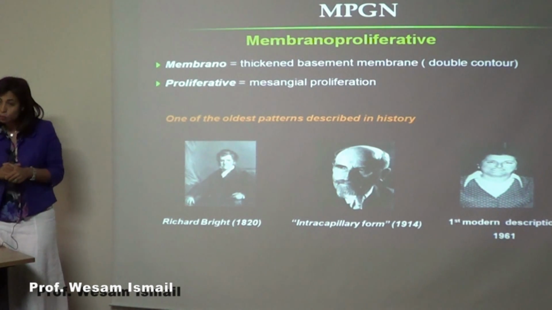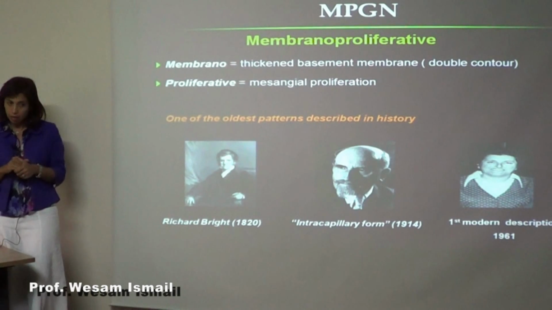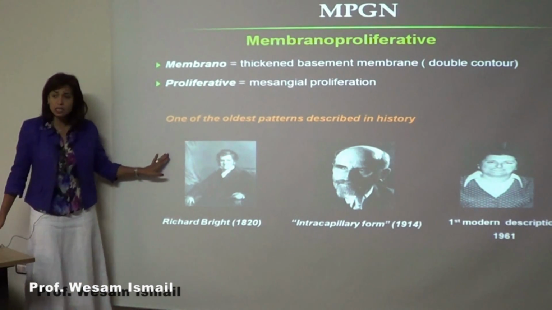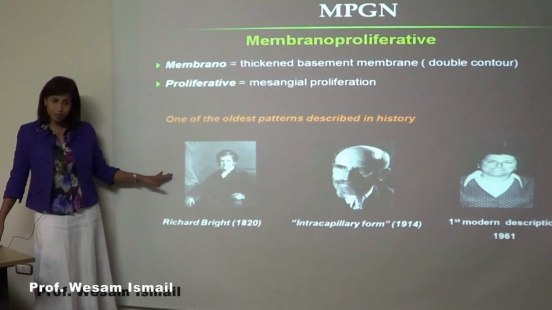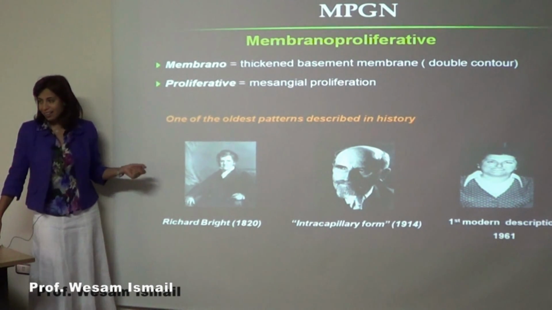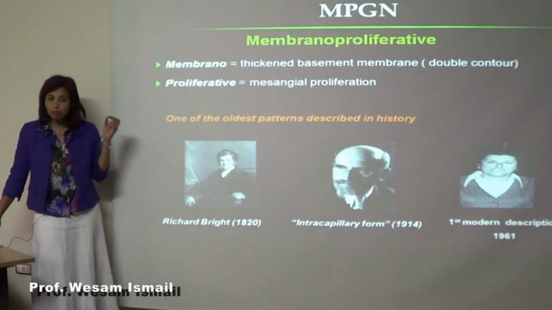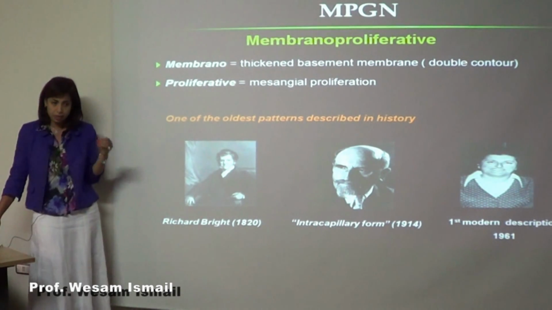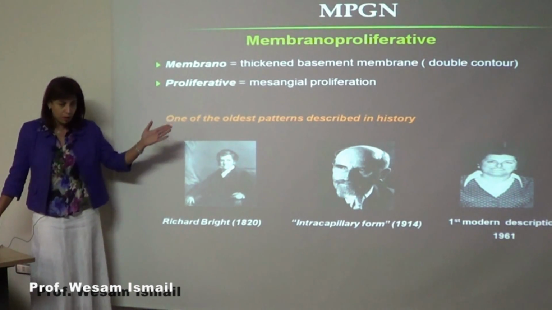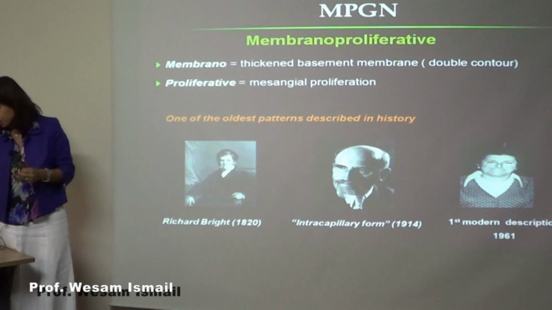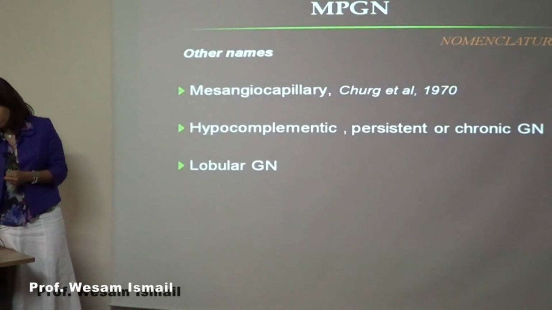This is one of the oldest patterns which have been described in the history of renal medicine. Of course, Richard Bright, one of the fathers of glomerulonephritis, and in the classification by Fahr, but really the first modern and proper description we follow till now is the one introduced by René Habib in 1961.